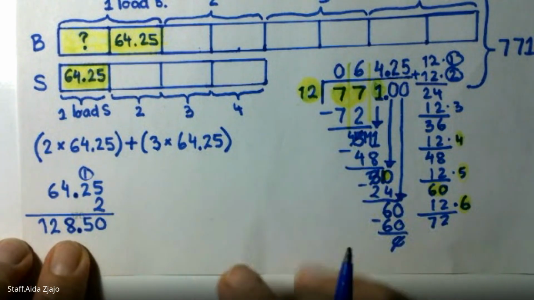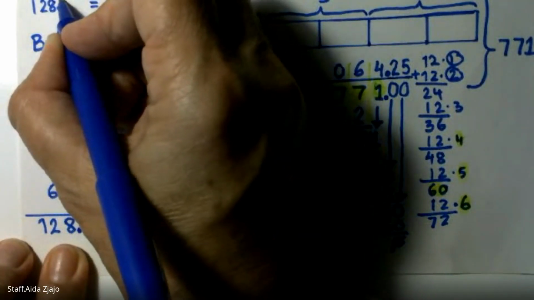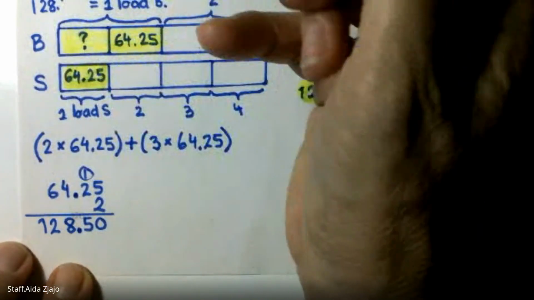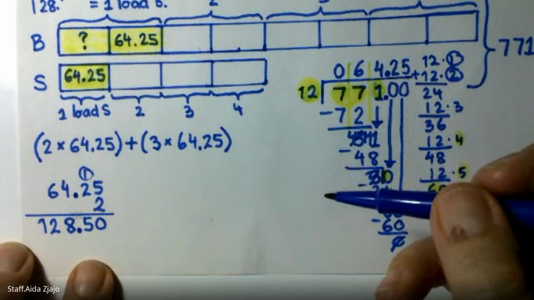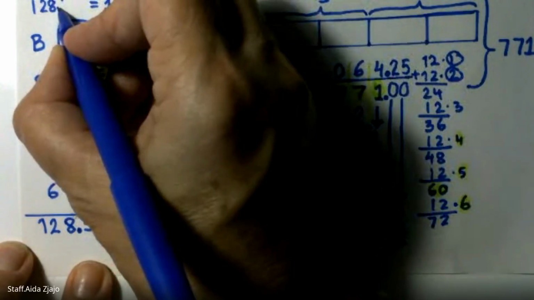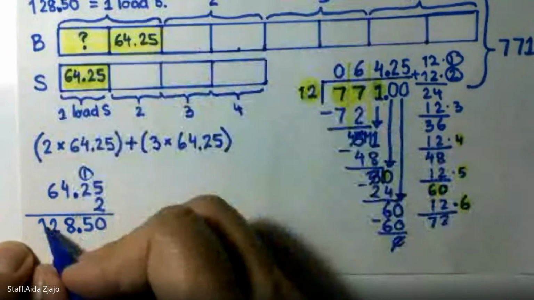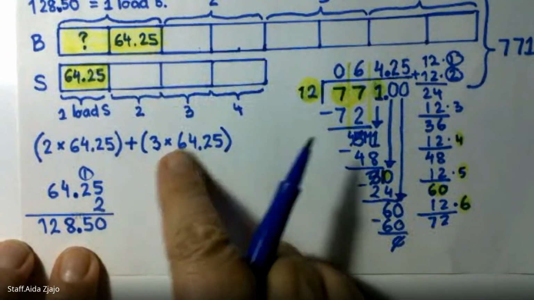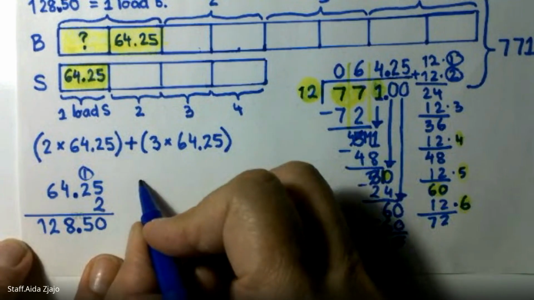So that is, one load of bricks is 128 and point 50. Did I say that? Yes, 0.50.